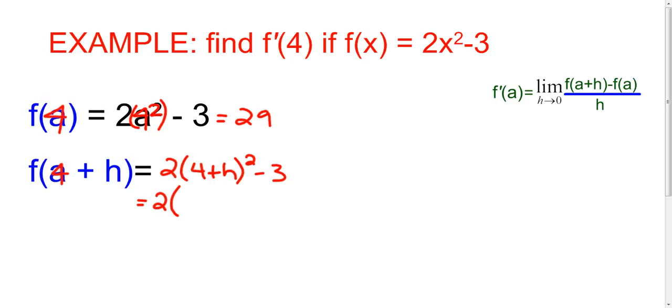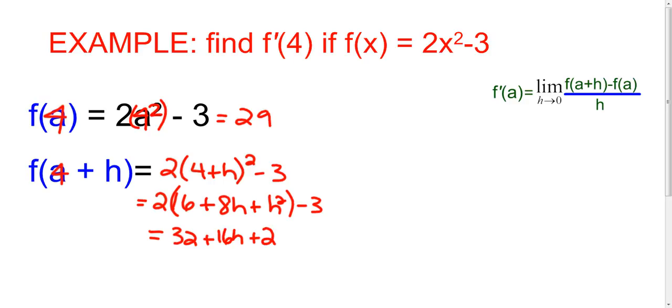You have to multiply 4 plus h times 4 plus h. And I know you know how to do that, so I'm just going to tell you that you'll get 16 plus 8h plus h squared minus 3. So then, of course, this becomes 32 plus 16h plus 2h squared minus 3, which if we simplify all that becomes 2h squared plus 16h plus 29.